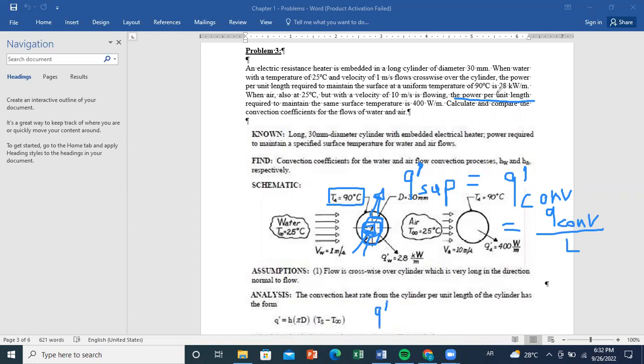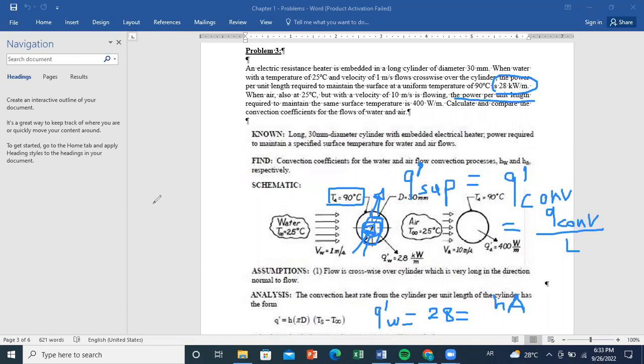For the flow of water, Q prime is 28 kilowatt per meter. So Q prime needed in case of water flow is 28 kilowatt per meter, equal to the convective heat transfer given by the convective coefficient h times the area exposed to convection.